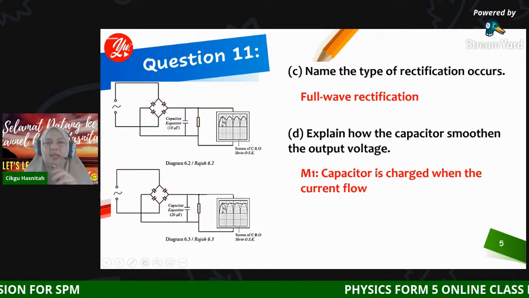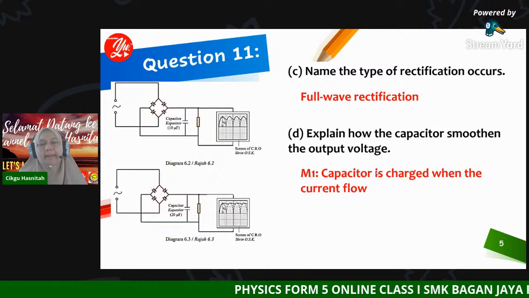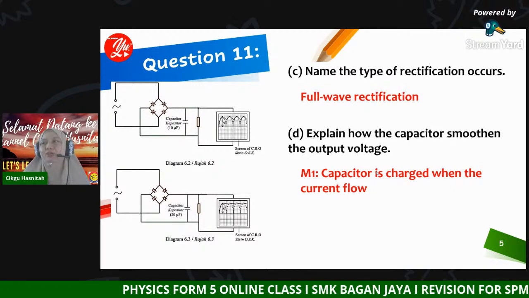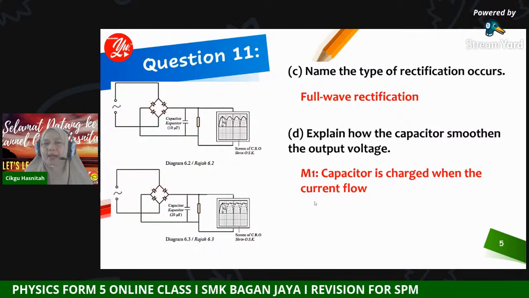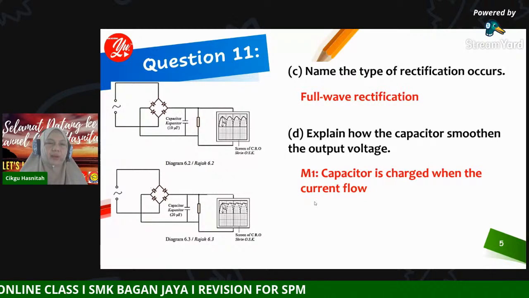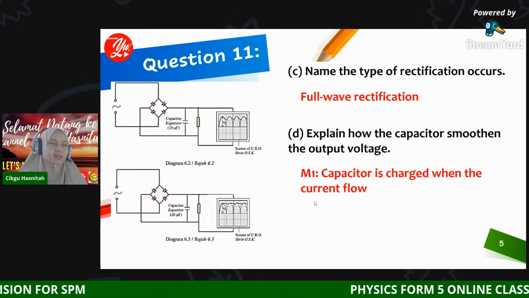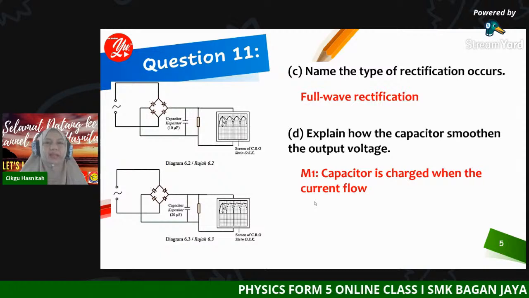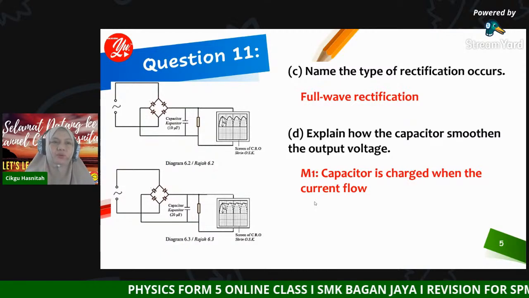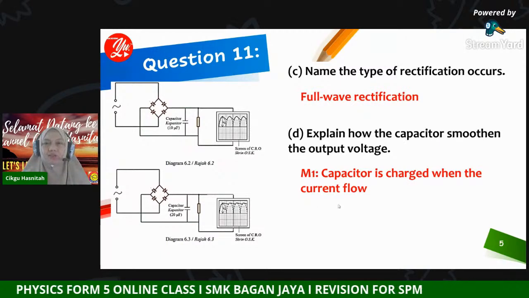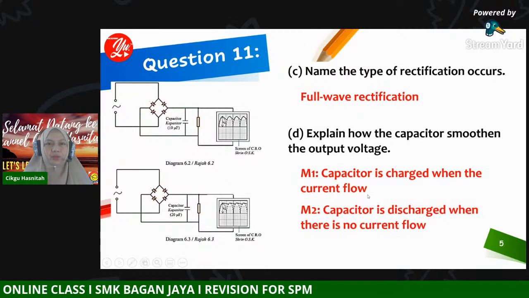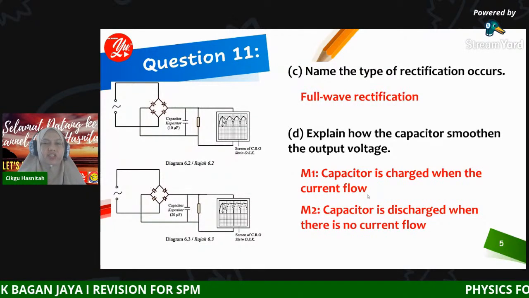For the first mark, you can say what happened to the capacitor when the current passed through it. The capacitor is charged when the current flows. Later, when there is no current flowing to the circuit, the capacitor will be discharged.